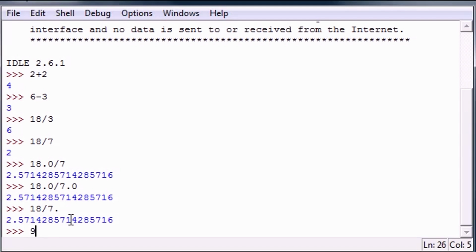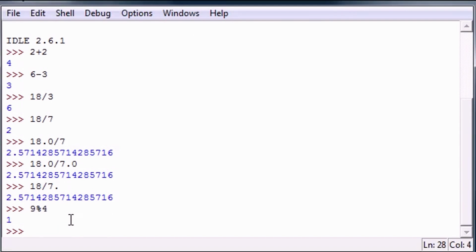So 9 divided by 4 is 2 with a remainder of 1. So once you do 9 modulus 4, it's going to give you the remainder, which is 1. So whenever you do that, the modulus is just the remainder.